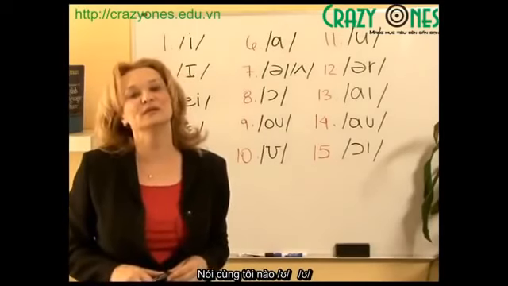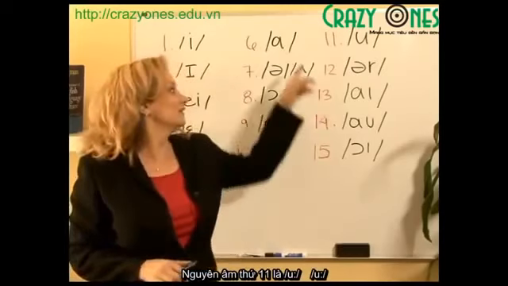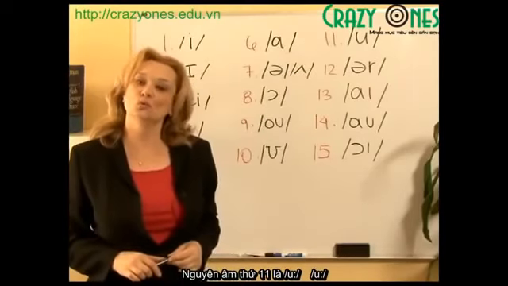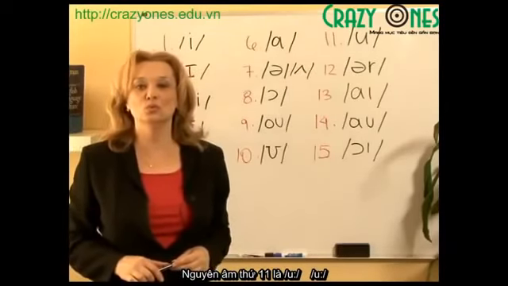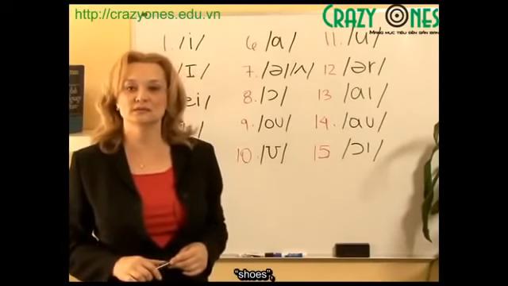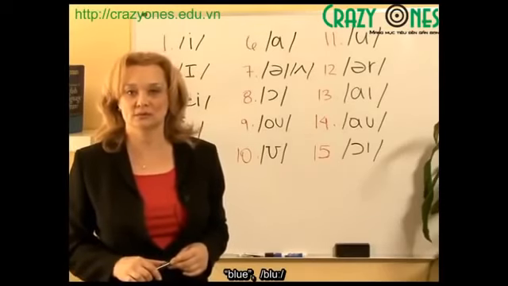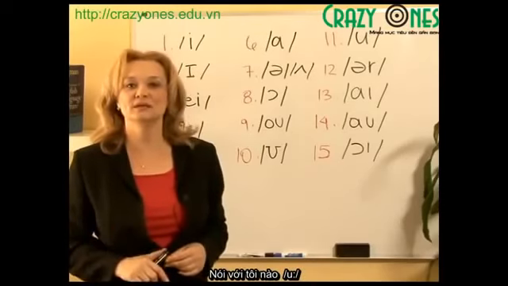Say it with me. Vowel number 11, oo: moon, shoes, room, blue. Say it with me. Ooh.